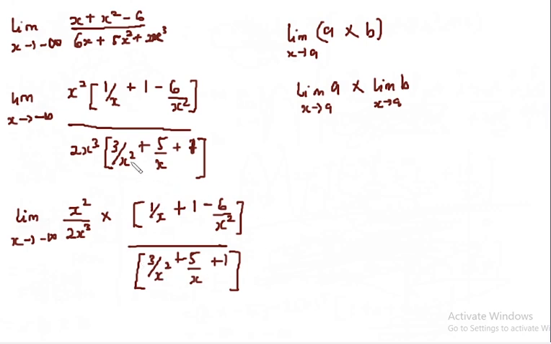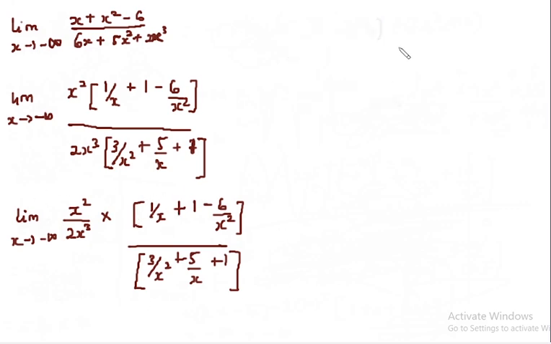So because of that rule, I'll write this as the limit as x approaches negative infinity of x squared over 2x cubed. I can break this down.